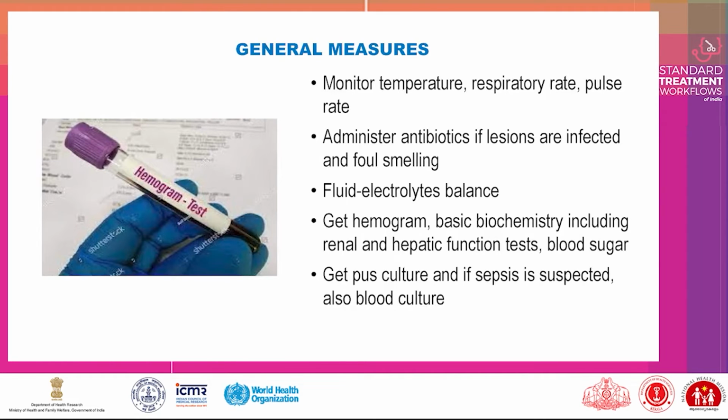General measures: monitor temperature, respiratory rate, pulse rate. Administer antibiotics if lesions are infected and foul smelling. Maintain fluid electrolyte balance. Get hemogram, basic biochemistry including renal and hepatic function tests, blood sugar, pus culture, and if sepsis is suspected, also blood culture.